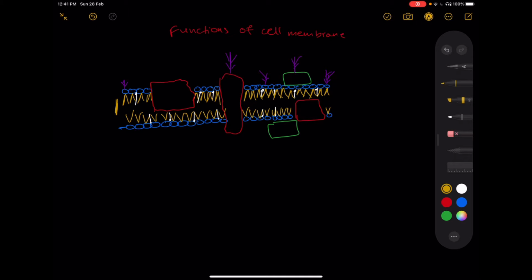So what happens is this region which is formed in the lipid bilayer, because hydrophobic tails are present in this area, is hydrophobic, meaning that it's water hating.